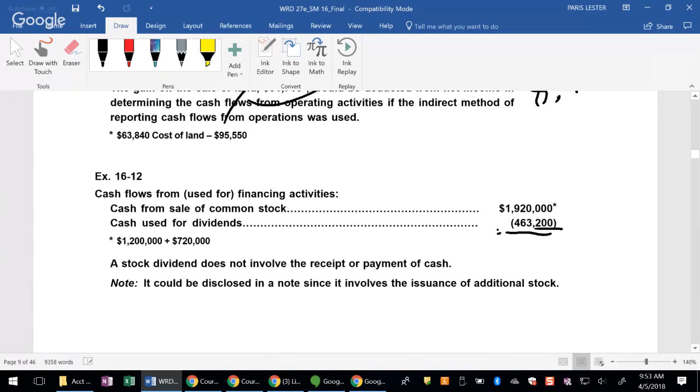How much is this? 1 million? $1 million what? 1,456,800. What's wrong with this pen? 1,456,800. Can't read it, you can hear it. Okay.